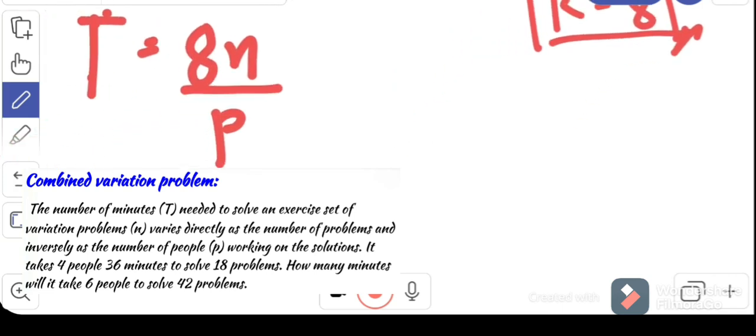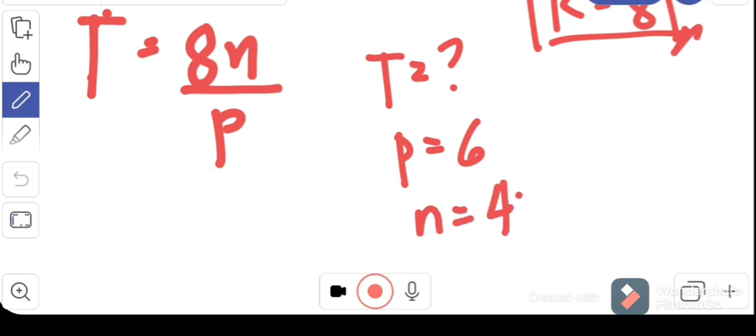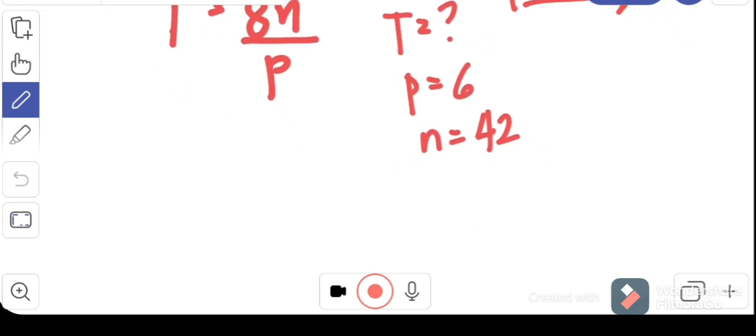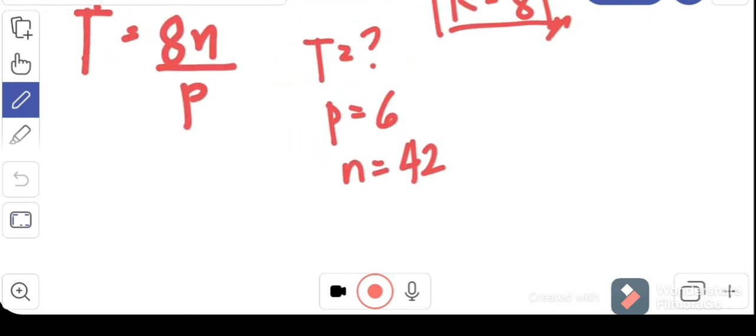So we're looking for the time given people is equal to 6 and the number of problems is equal to 42. Okay, let us solve. Substitute.